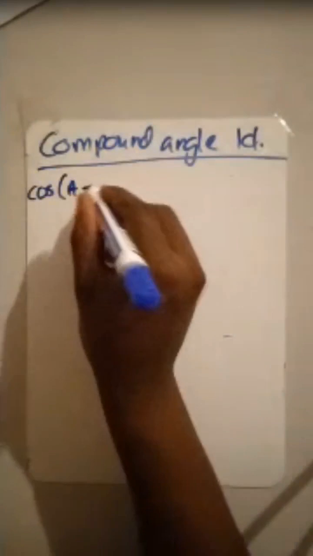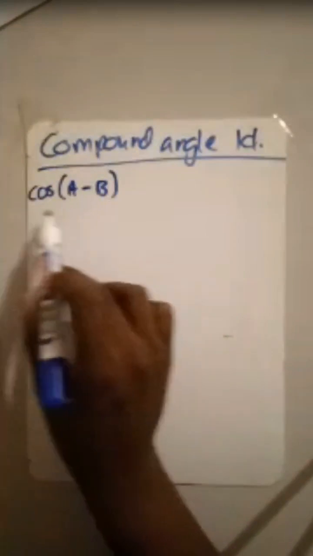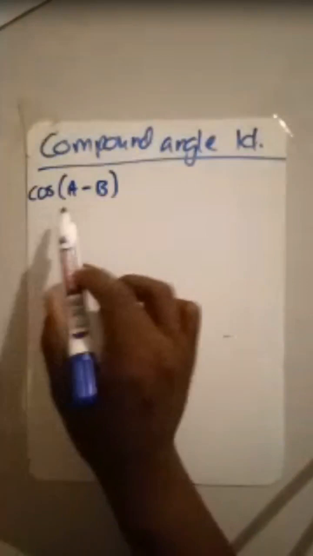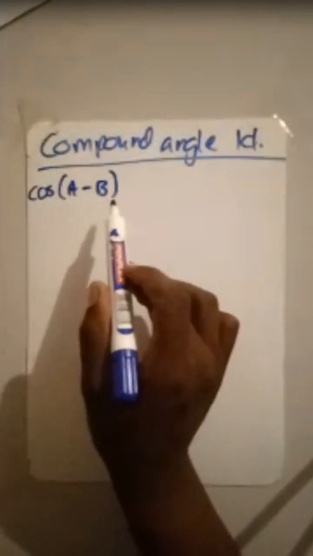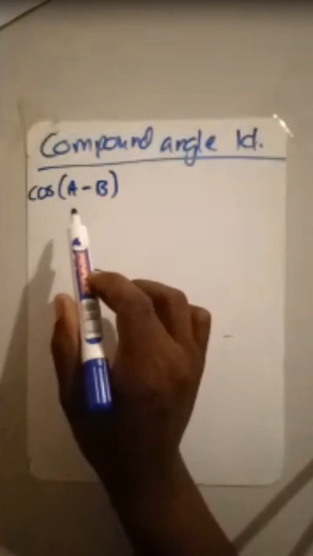I assumed that you had done this, and I still remember I once mentioned COCO, CC, CICO, COSI. So cos A minus B. This one is called the compound identity. This is where it all starts. The proof of this one, I'm not going to talk about it because it's very, very lengthy, and it involves drawing a diagram on the Cartesian plane, which confuses people.